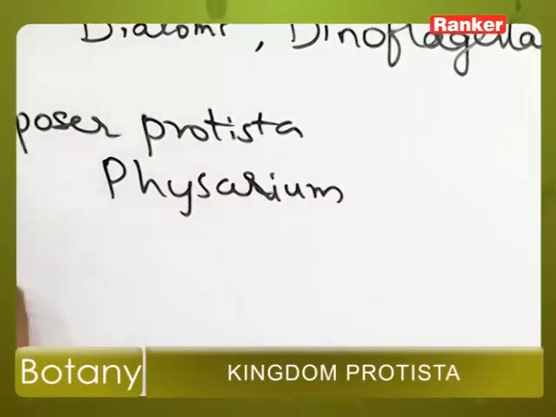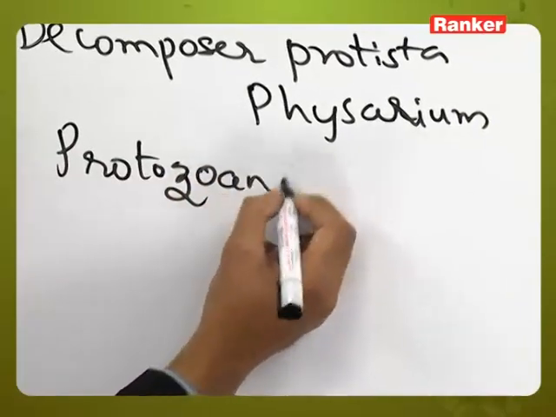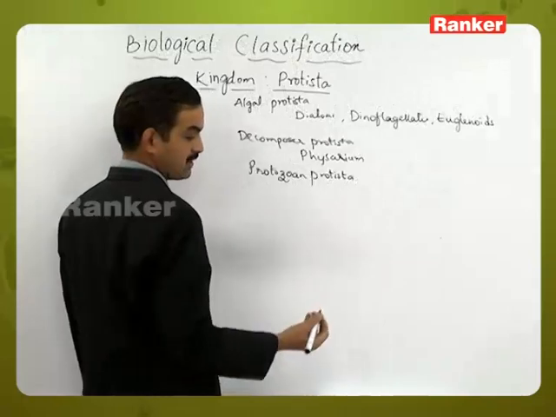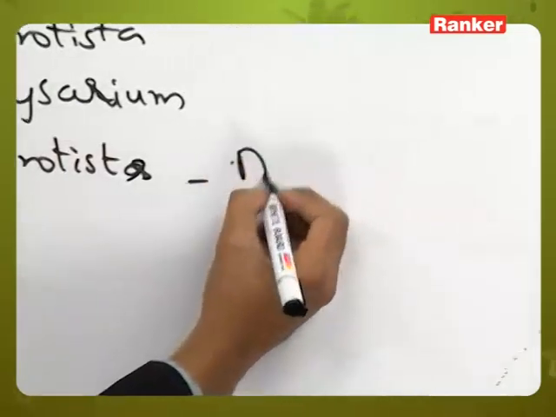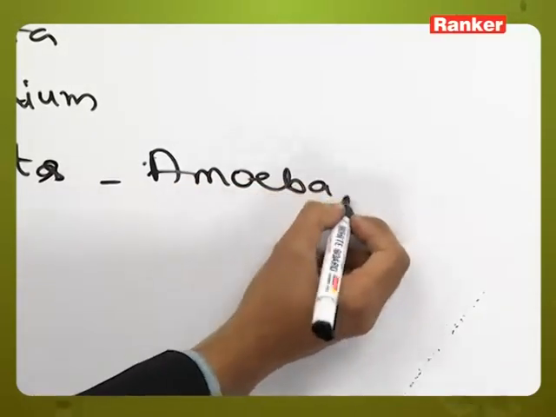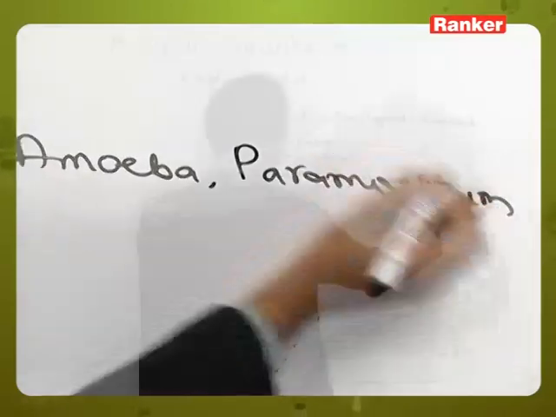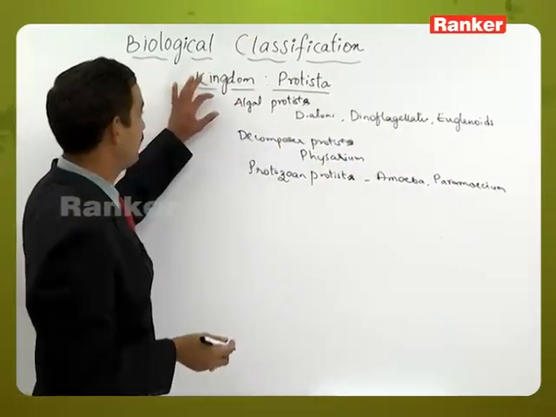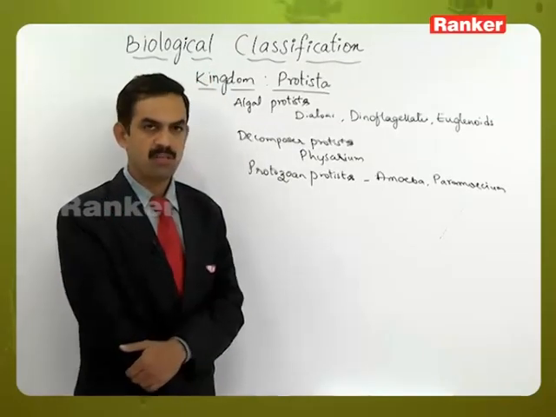And the third one is protozoan protists. This protozoan protist group includes amoeba, paramecium as examples. So likewise the kingdom Protista was divided into algal protists, decomposer protists and the protozoan protists.